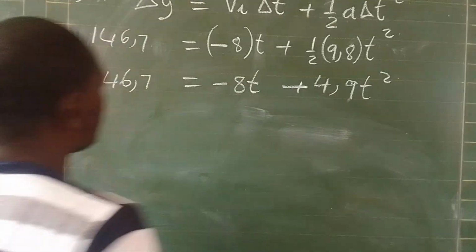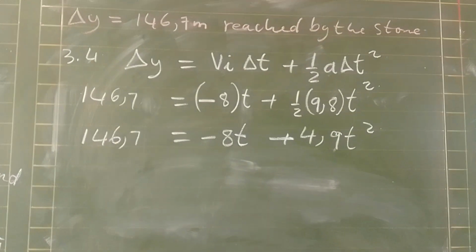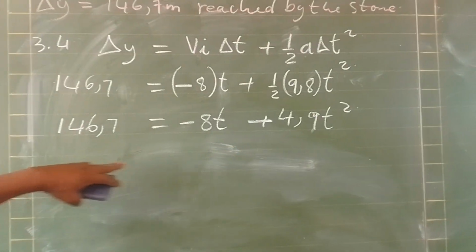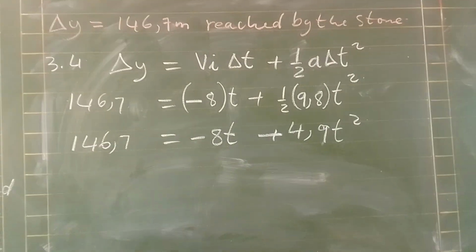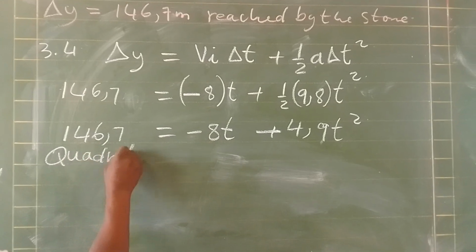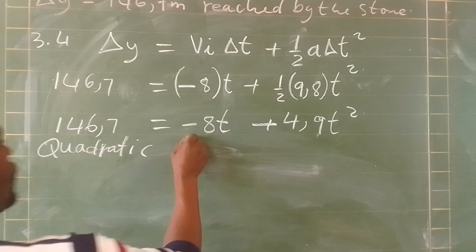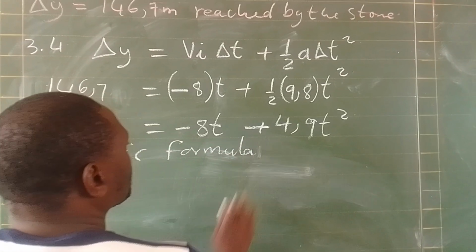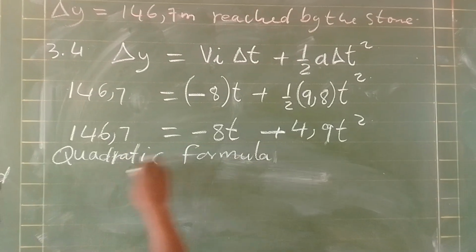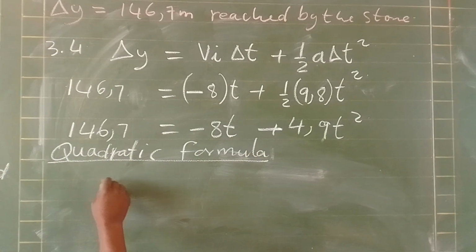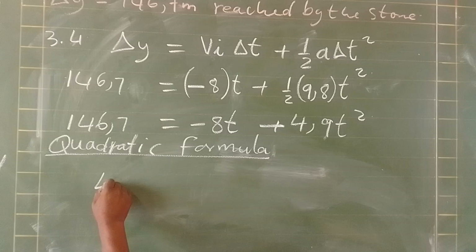If we check here, we see that we cannot factorize this. We are going to use what we call the quadratic formula. Before we can use it, let's rearrange this into the standard format.